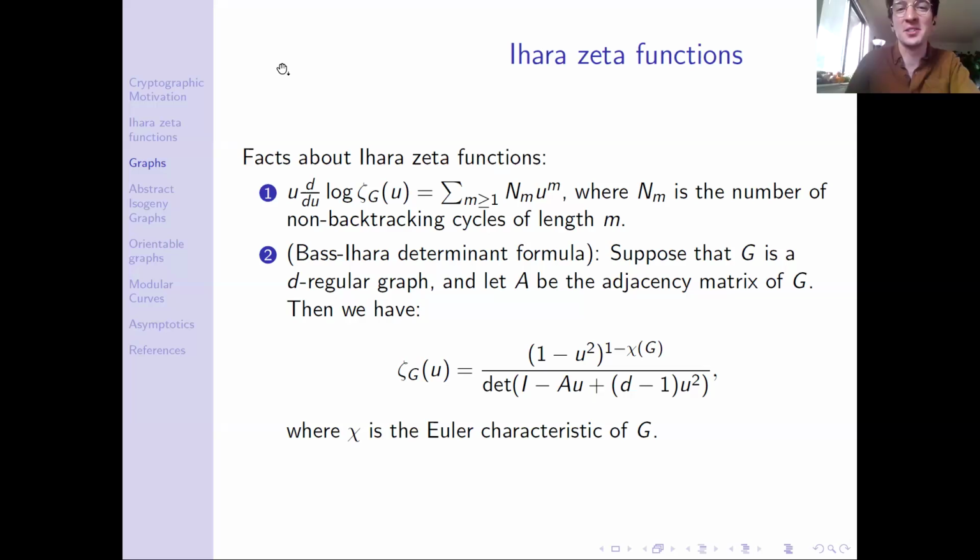Bruno was asking about constraints on u in the rational formula, for real u greater than 0. That's a good question. I think that actually these are meromorphic on the whole complex plane, except there's a few poles, right? So you have to avoid these particular poles, but other than that, I think that these converge everywhere.